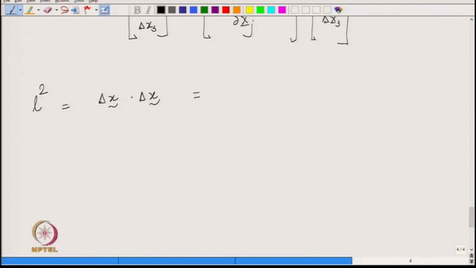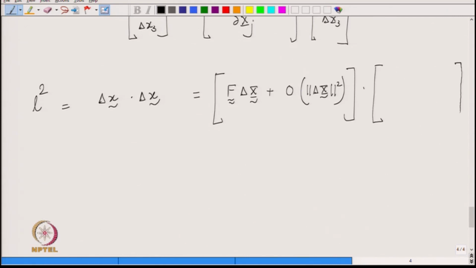And now, based on what we derived already, we could also write this as big F delta big X plus big O delta big X square, this whole thing dotted with the same thing, is not it?